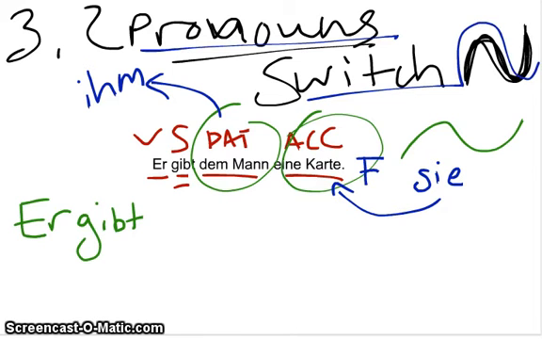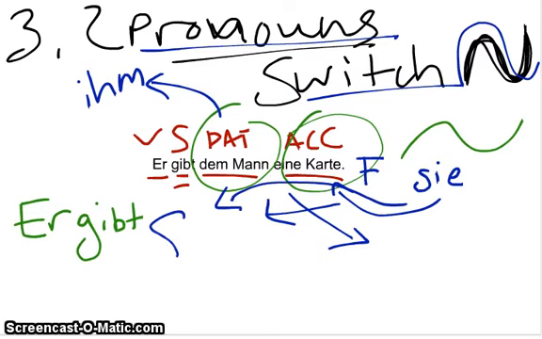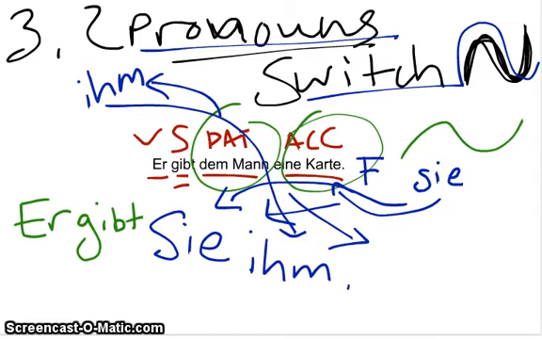Therefore, we need to switch the order. So we are going to get gibt sie, and then we are going to flip that with ihm. So gibt sie ihm. Two pronouns, pronouns switch.